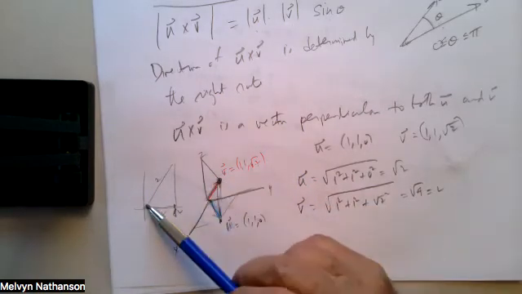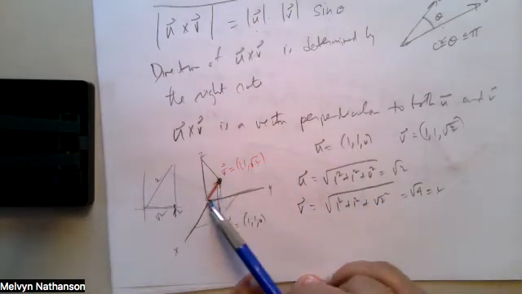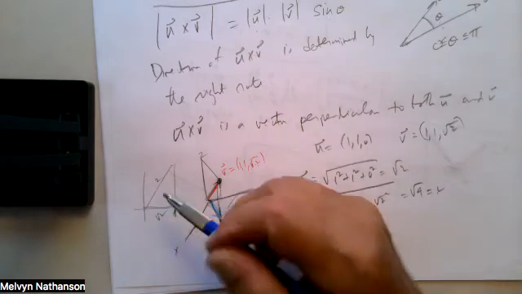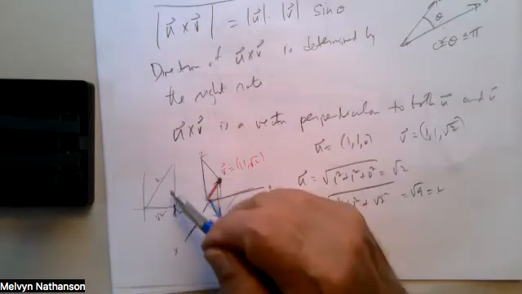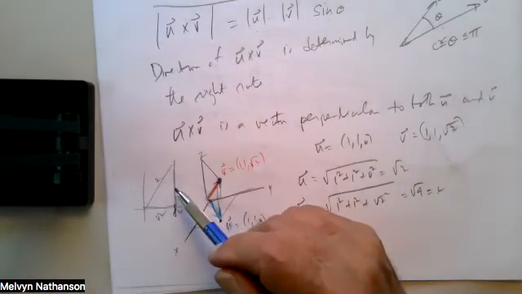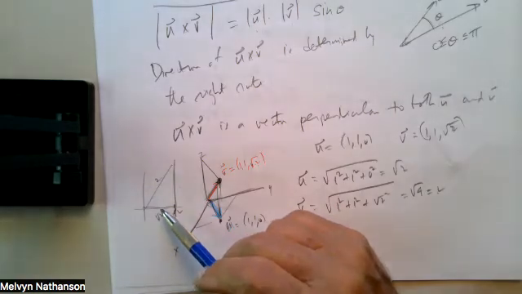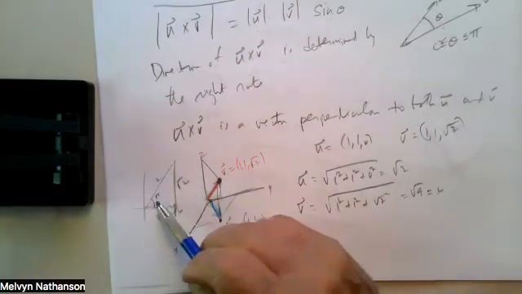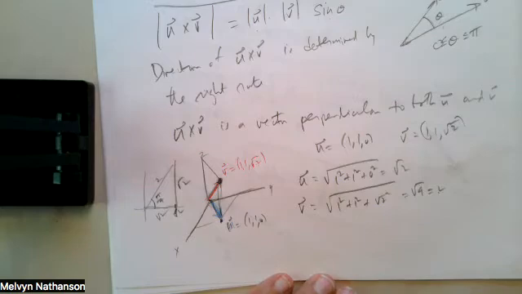This vector has length 2. This vector has length square root of 2. And what is this? This is also square root of 2. So this is also going to be an angle pi over 4.